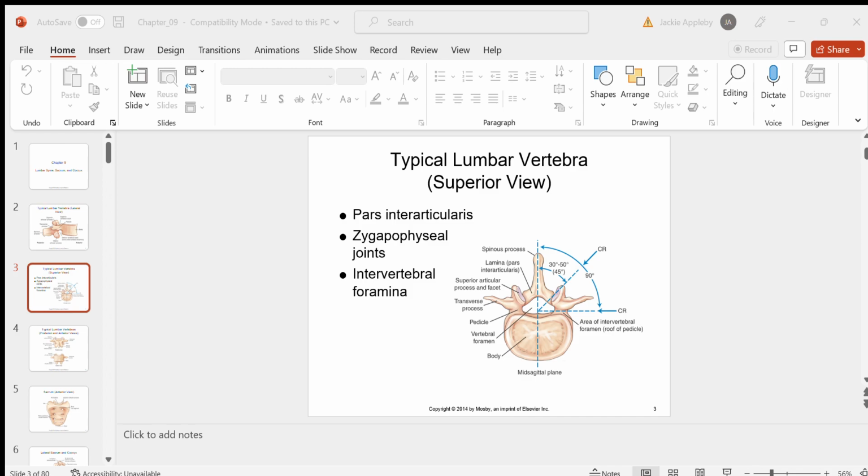So lumbar vertebra 5 has a much shallower angle than lumbar vertebra number 1. Lumbar vertebra 1 is closer to 50 degrees, whereas lumbar vertebra 5 is closer to 30 degrees. But on average, roughly speaking, it's about a 45-degree angle here, which means for the oblique of the lumbar spine, we rotate the patient 45 degrees.